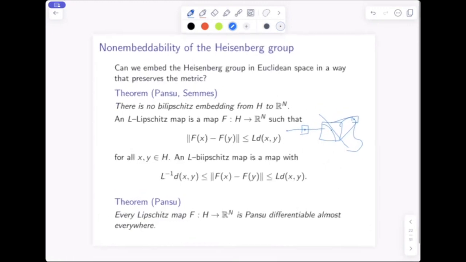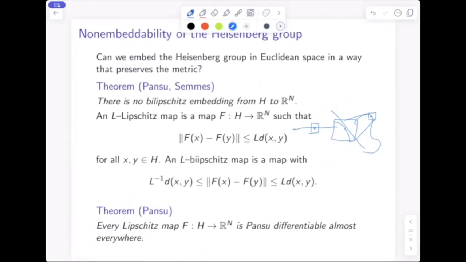That notion doesn't quite make sense in the Heisenberg group because, what does it mean to have a linear map from the Heisenberg group to Rn? Instead, you need a notion called Pansu differentiability. A map is Pansu differentiable if, when you zoom in like this, the map converges to a homomorphism from the Heisenberg group to Rn, a map that preserves the group structure.